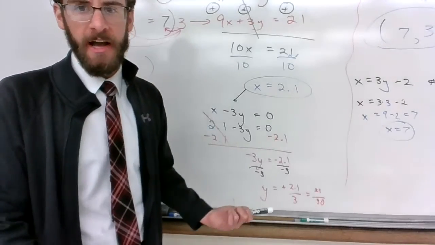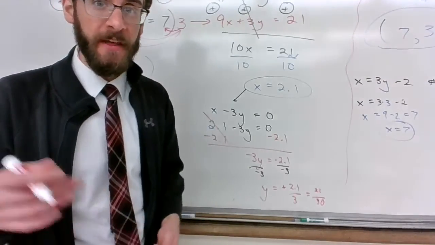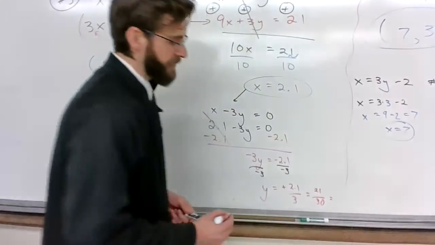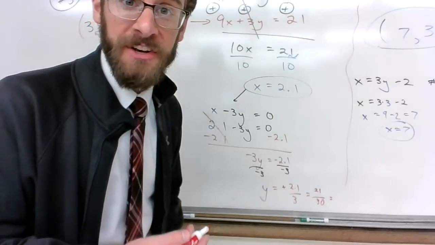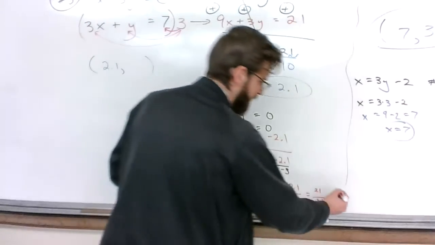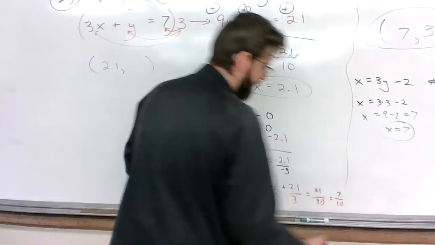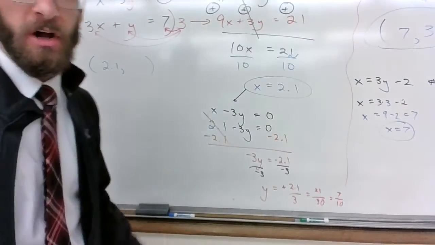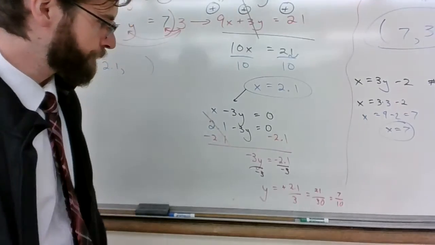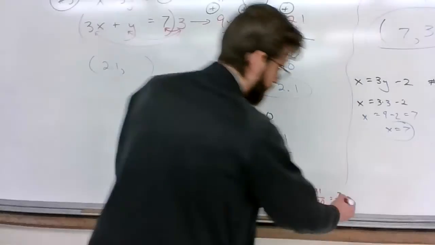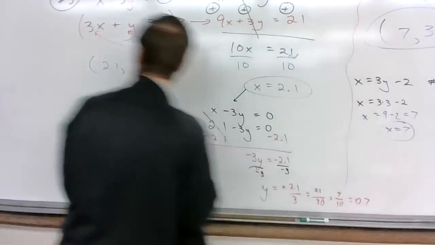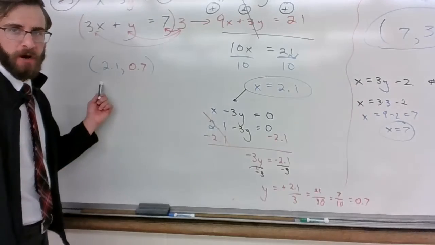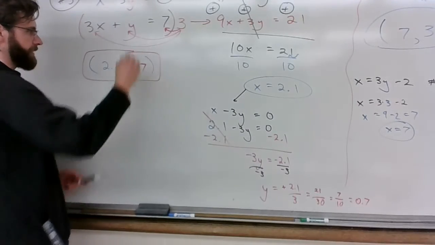The only reason why I would say that is because 21 over 30, they both divide 7. I'm sorry, they don't both divide 7. They both divide 3. It's the same as 7/10. Or, since we started with decimals, maybe we should just call it 0.7. So, y equals 0.7. And there's my final answer, 2.1, 0.7.